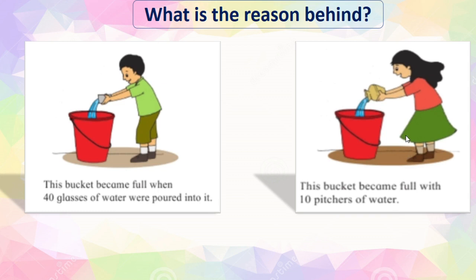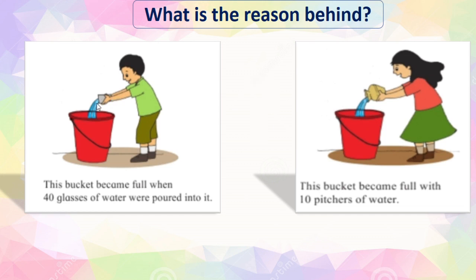Here we see this girl is using the same bucket, but she is using the pitcher, and she says this bucket became full with 10 pitchers of water. Yes, why so? What is the reason behind this? Can you tell me?